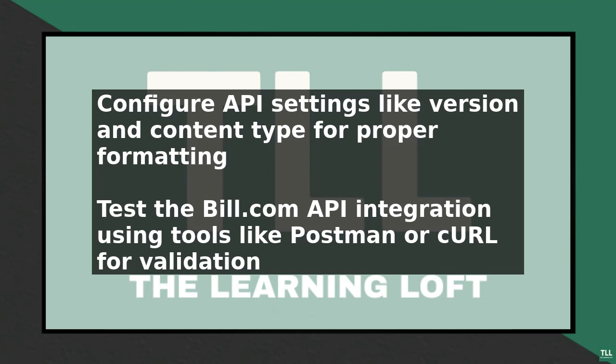By following these steps and best practices, you can successfully configure the Bill.com API integration and streamline your financial operations. The Bill.com API integration enables businesses to automate tasks, such as invoicing and payment processing, and provides real-time visibility into their financial operations.